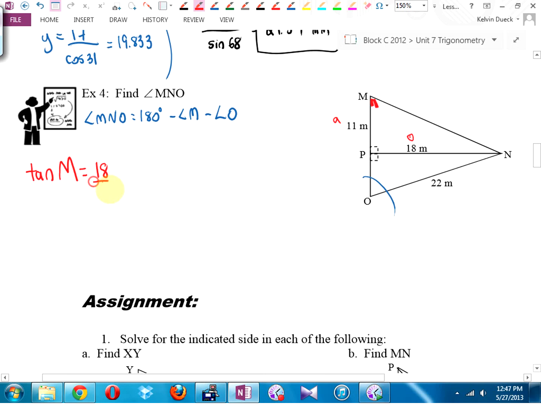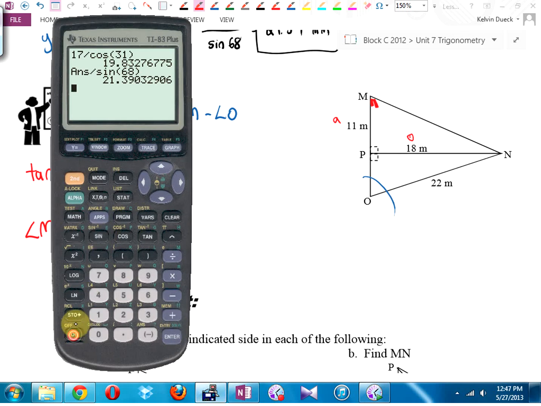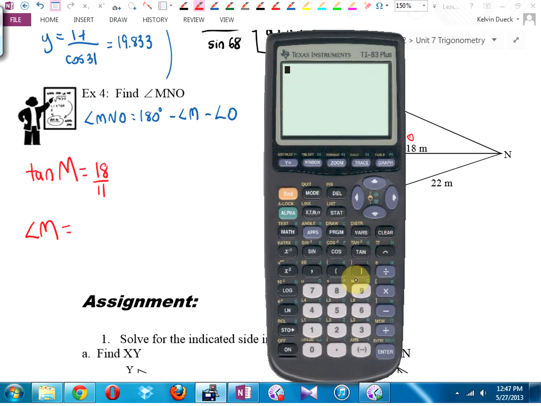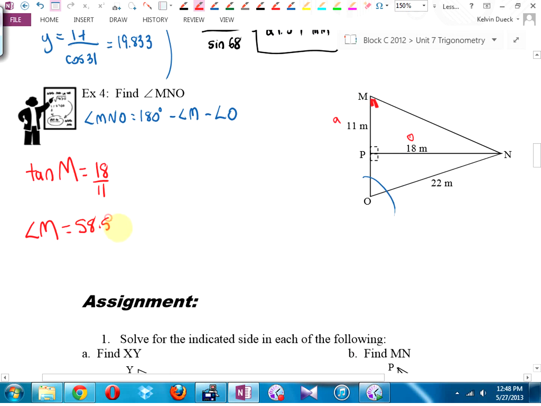Opposite over adjacent. Angle M equals, and I heard you murmur something under your breath, Darian, and I don't think you were saying a bad word. What did you say instead? Shift. That top left angle is 58.57 degrees. Yes? Yeah?